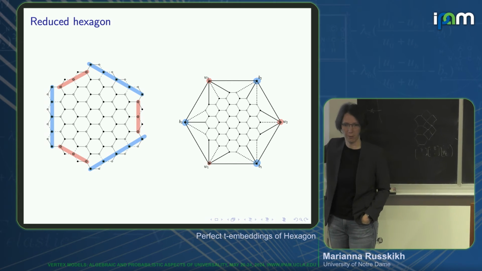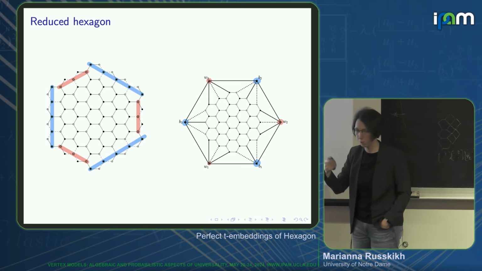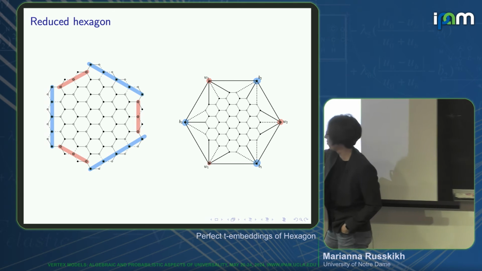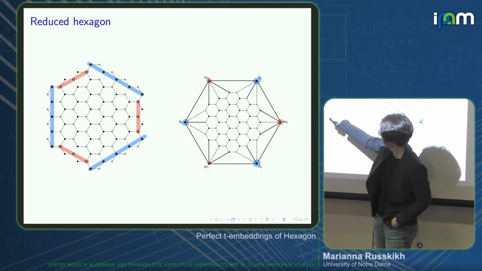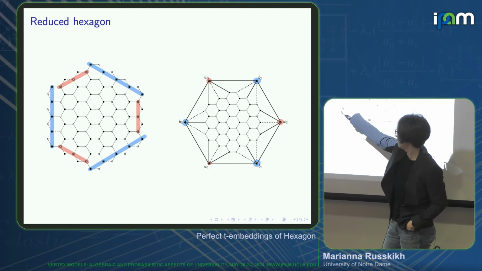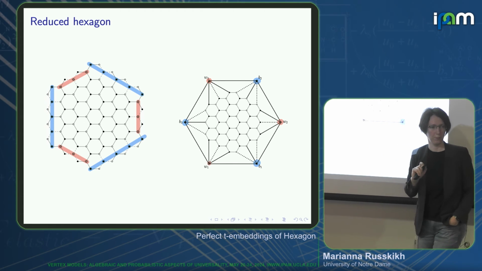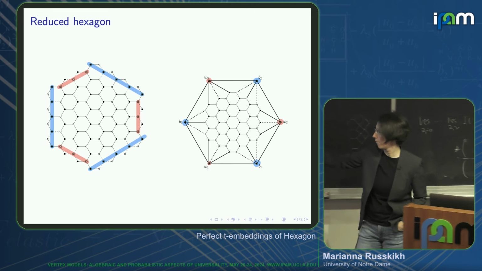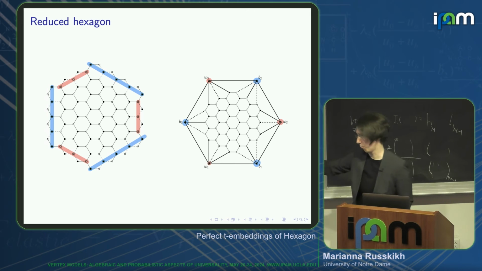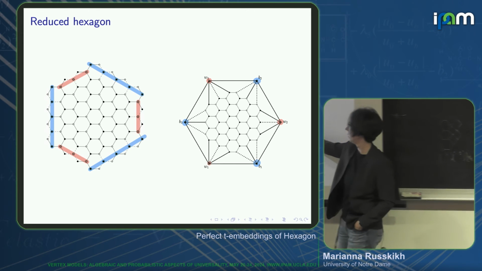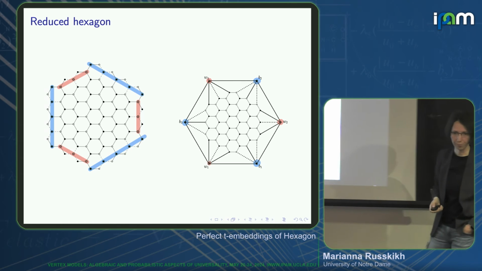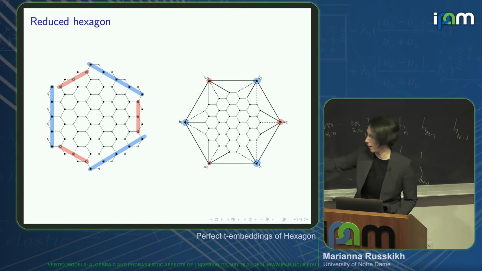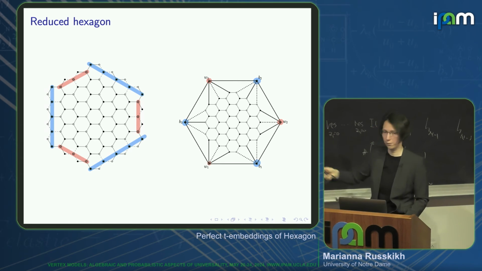So we have faces of degree 4, so we need to do some gauge in the beginning. What we do, we choose every second vertex on the boundary and multiply all weights by minus 1 around it. So after reduction, this gives us the valid Kasteleyn sign for the reduced hexagon. And now we're looking for the embeddings of the augmented dual of this reduced hexagon.